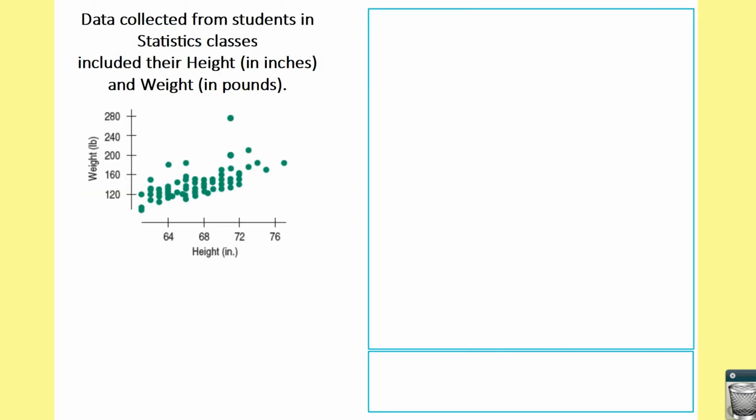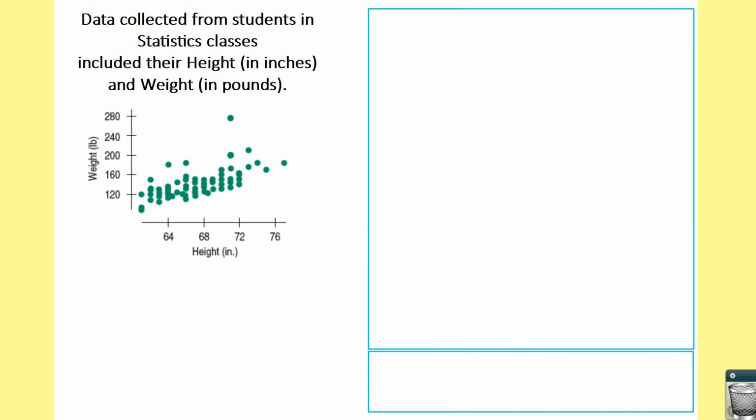Now let's dig into how they're related. So here we have some data that was collected that included students' height and weight. Now we want to see if there's a relationship between the two.